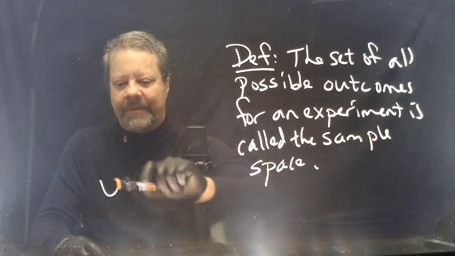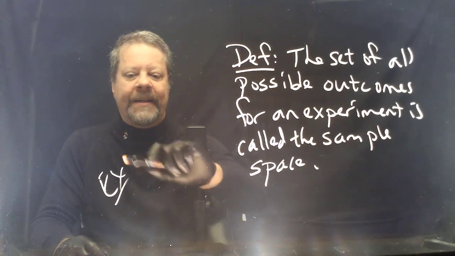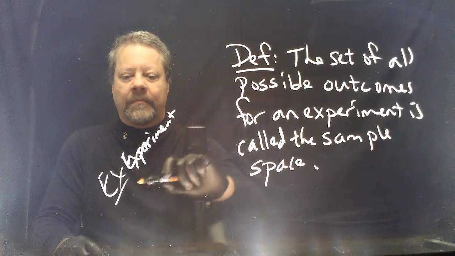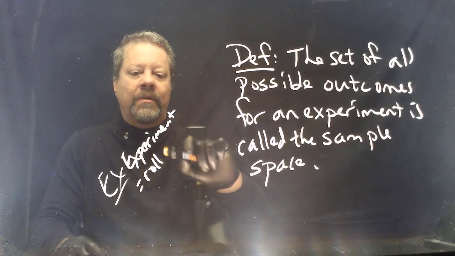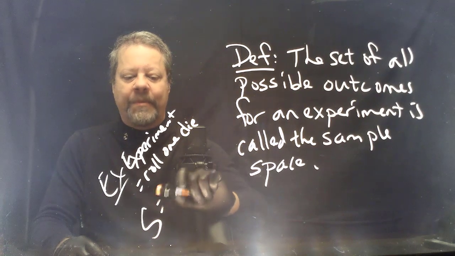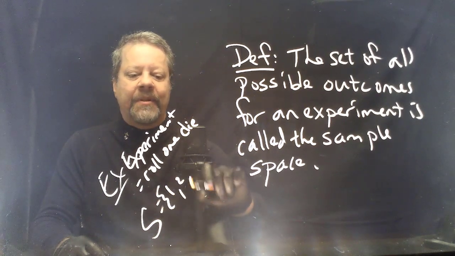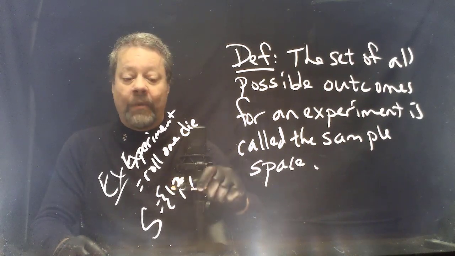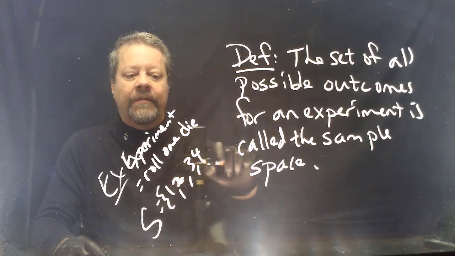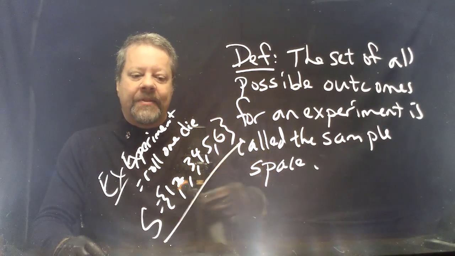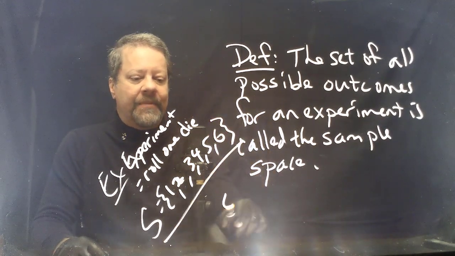Let me give you an example. Suppose my experiment is to roll one die. The sample space will be the set of all possible outcomes. And on a six-sided die, all possible outcomes are, I can get a 1, 2, 3, 4, 5, or 6. So the sample space would be the set of all possible outcomes.